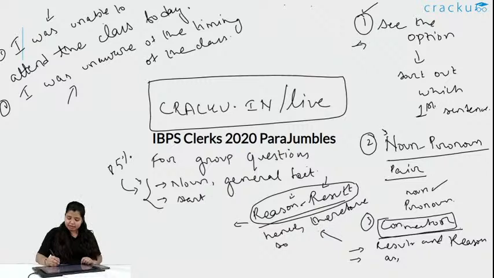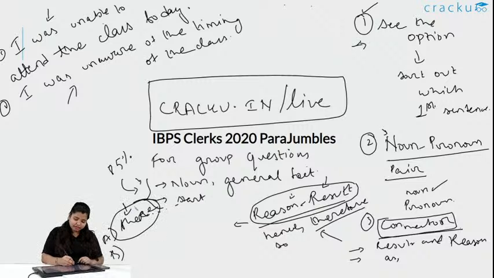So, whenever you have a therefore in the starting of a sentence, remember there must be a reason before the sentence. So, if a pair of sentence, consider it to be A and B, if there is a therefore in A and the sentence is starting, that means you must have a reason for this. You need to find the reason either in this or in other sentences.